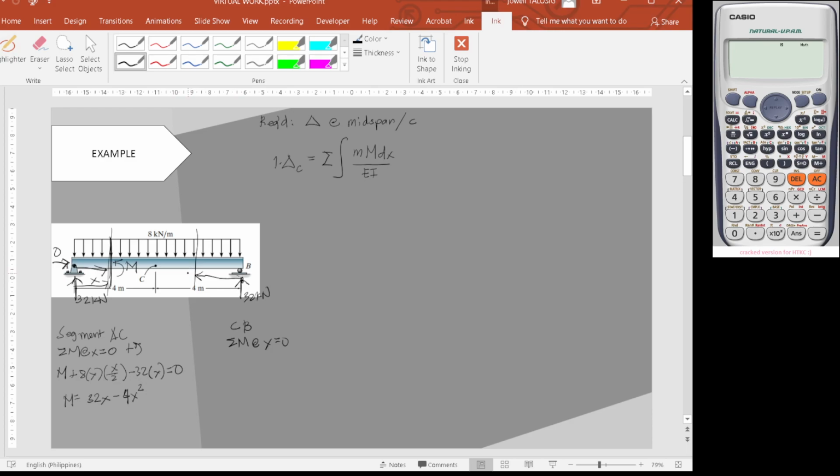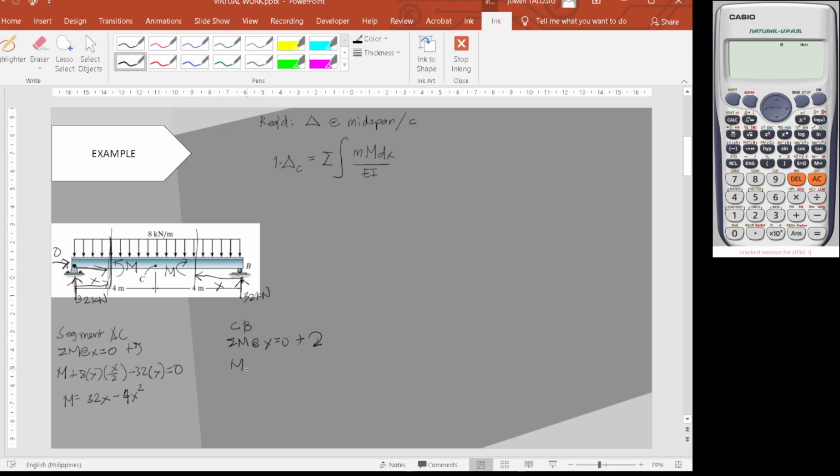If you consider the right, positive moment will be clockwise here, so M also will be positive.